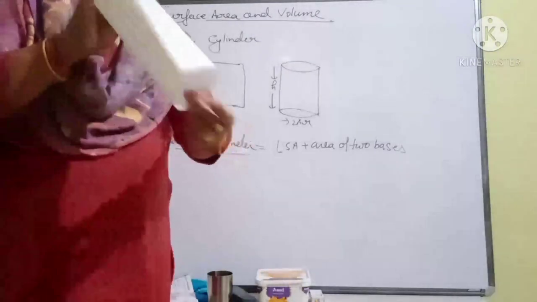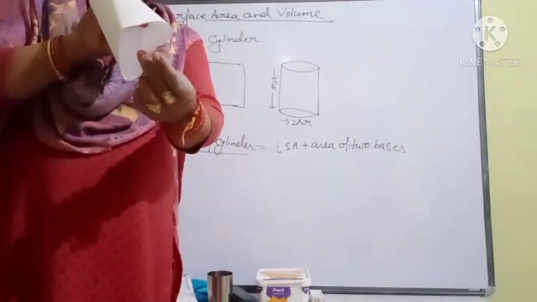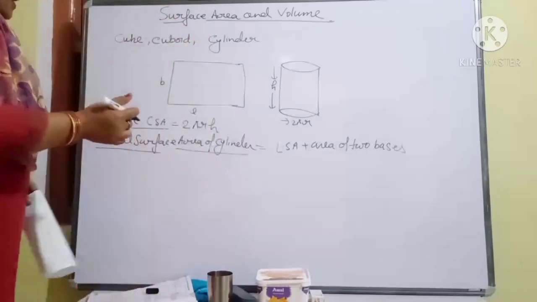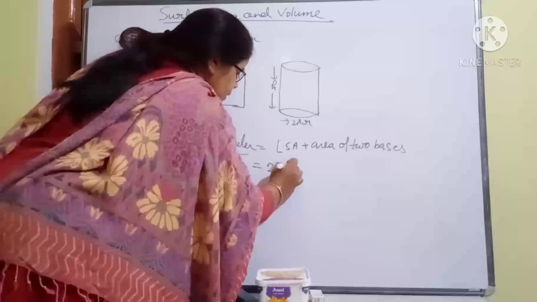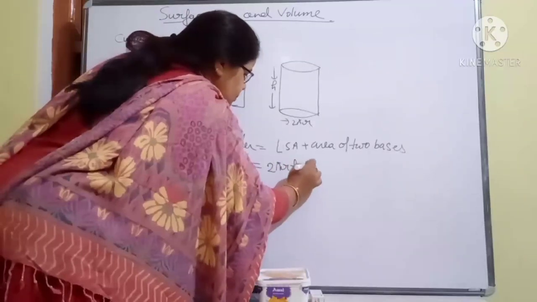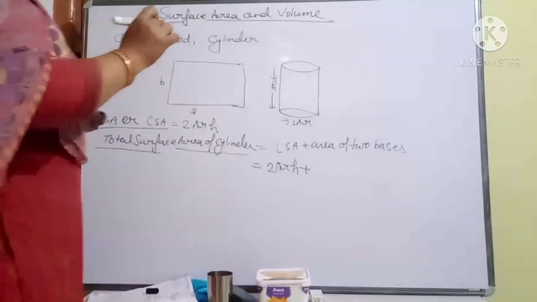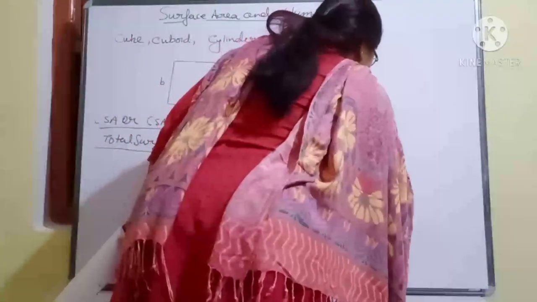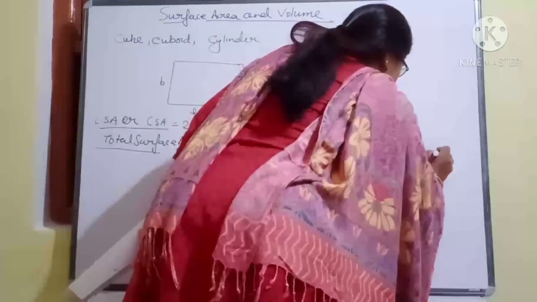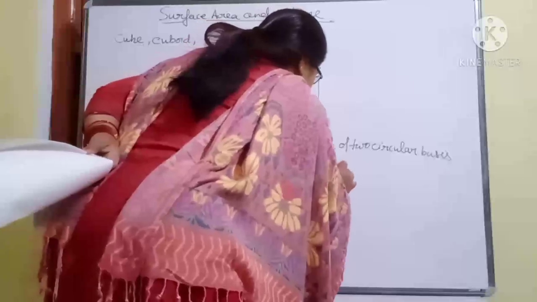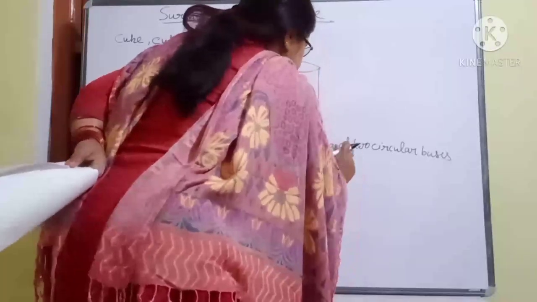Circular bases are there on both sides. The lateral surface area will be 2 pi rh plus area of two circular bases. And what is the area of a circle? Pi r square. And how many circular bases are there? So it will be 2 pi r square.